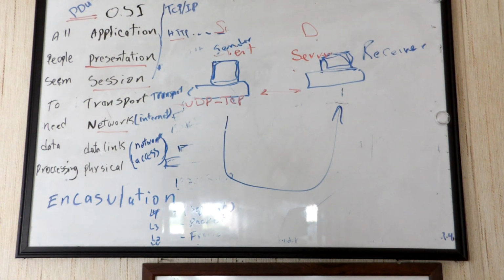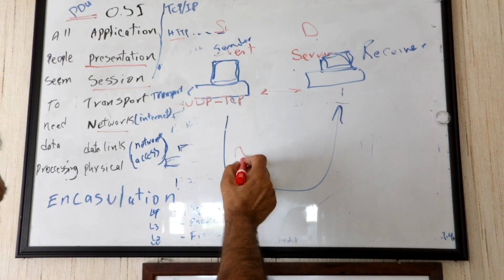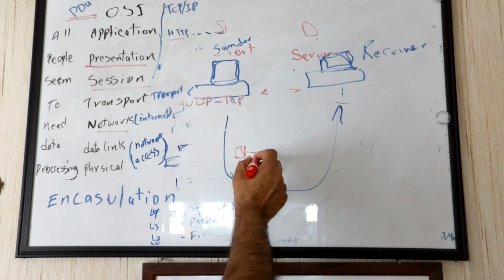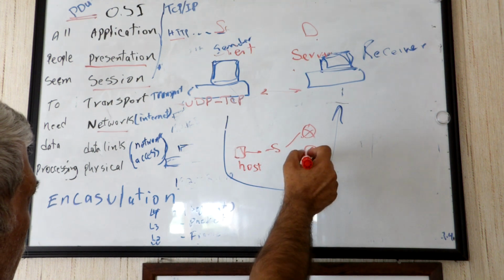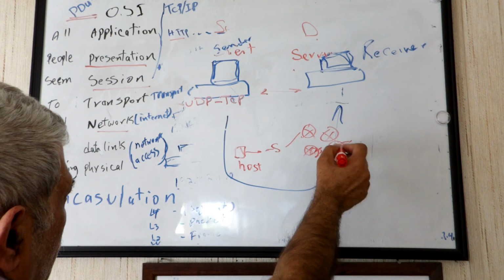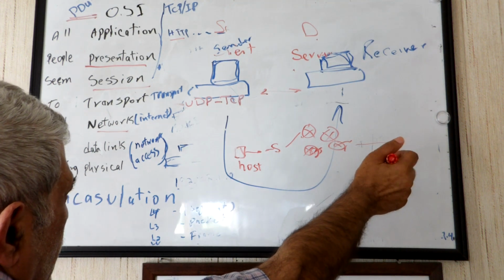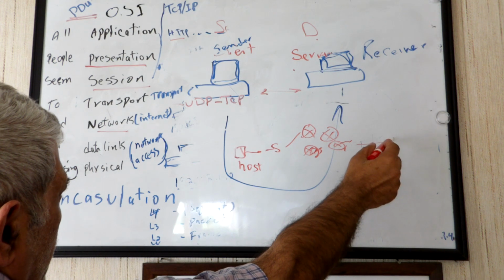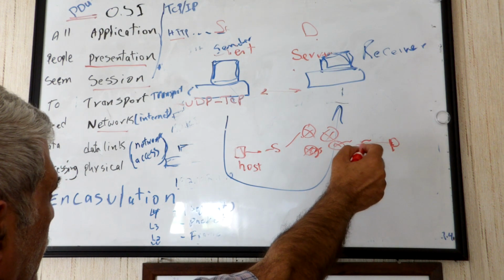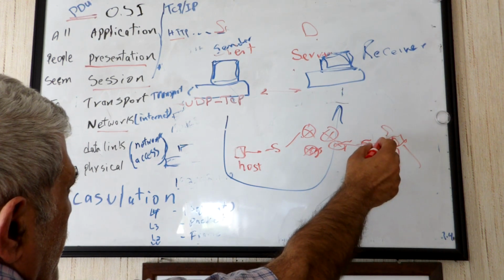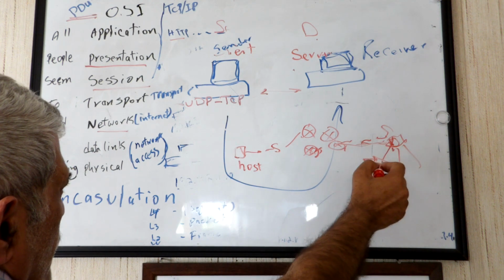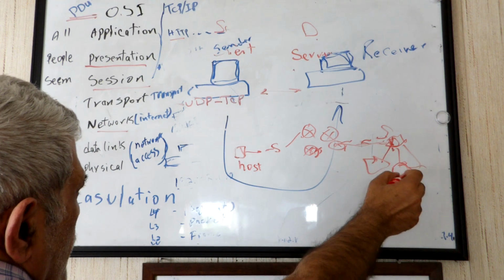It has to go from the host through the switch, then through the different routers, and then get to the destination, which might be here. You go through the router to the switch, and then these are the hosts.